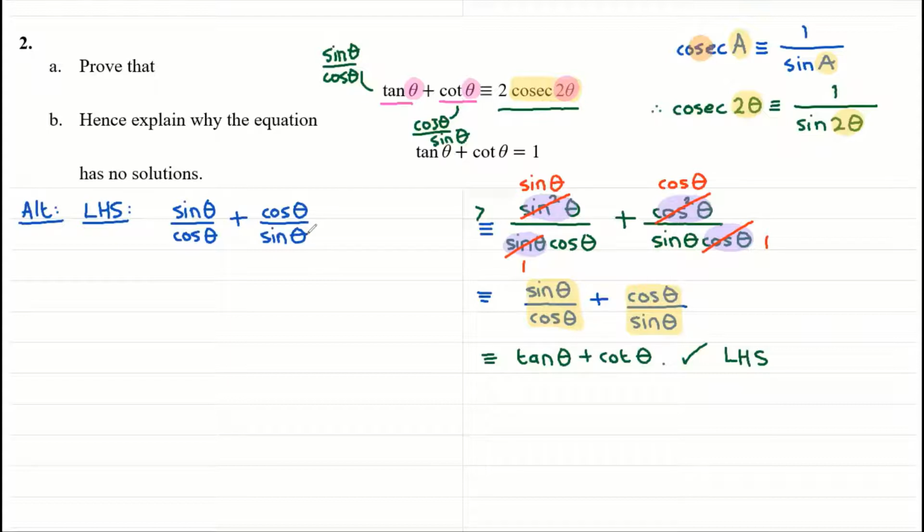Now, you could say, right, we have two terms on the left-hand side. That's not what I want. I want to condense those down into just a single term. Well, in that case, we're going to need to find a common denominator here and here, which is what we can do. So this is going to be the common denominator. Of course, you're just going to multiply them both together. So we've got sine theta cos theta.